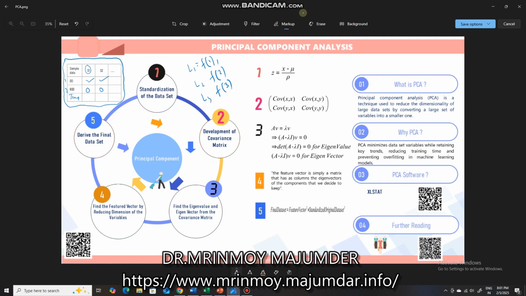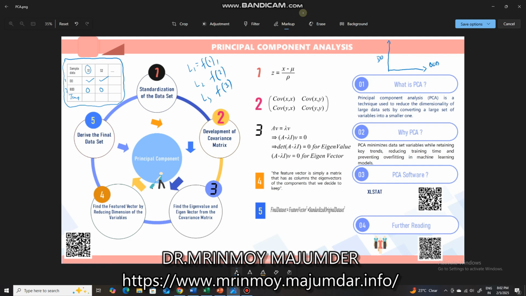Right? Now, to represent 2D data on a graph is very easy. Correct? Suppose for a group of samples, like our water samples, I have this DO and BOD. So let us say the y-axis represents DO and the x-axis represents BOD.